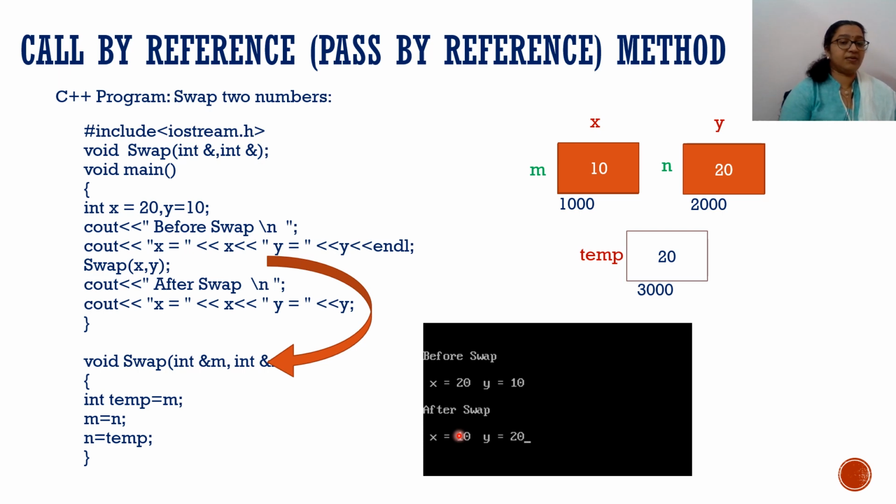Got it? Okay. So I hope you all understood the concept of the call by value method and the call by reference method. In call by value, we are passing the value of the actual parameter to the formal one. So separate memory allocation is created for the formal one. Whatever changes we make in the formal will not affect the actual one.